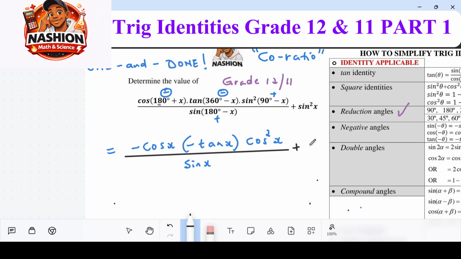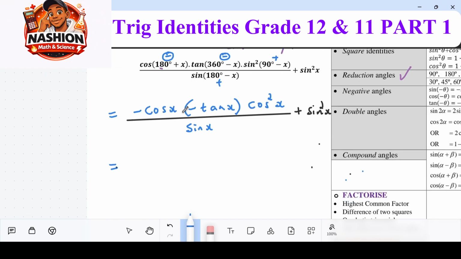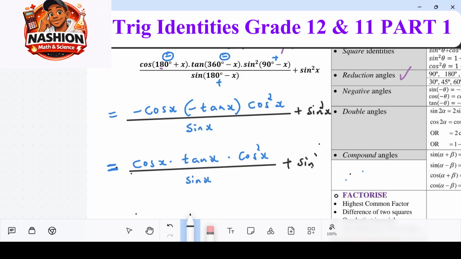She probably thinks we forgot about her. Since we have some brackets here, let's just remove them by multiplying. So negative cos and negative tan will give us positive cos x times tan x times cos squared x all over sine x. Not forgetting plus sine squared x at the end here.